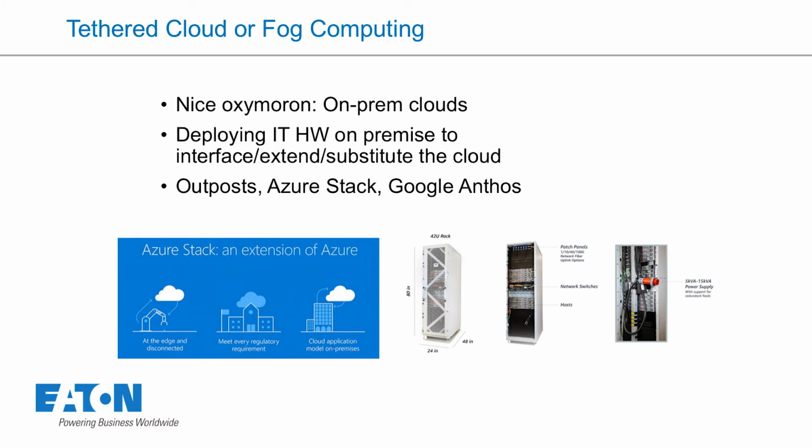But there are different types of cloud. So let's talk about a little bit of this. So you see there, I have tethered cloud or fog computing. For those of you that don't understand the term fog computing, it's considered where you process the data. That's called a fog node.